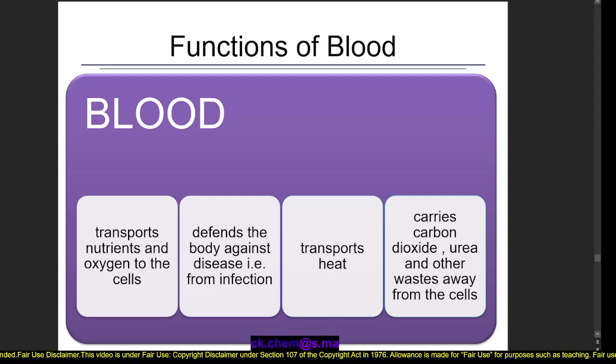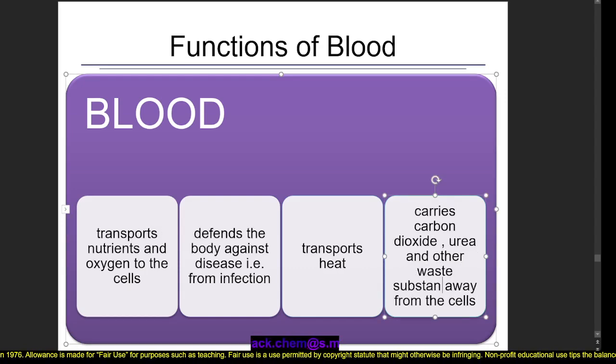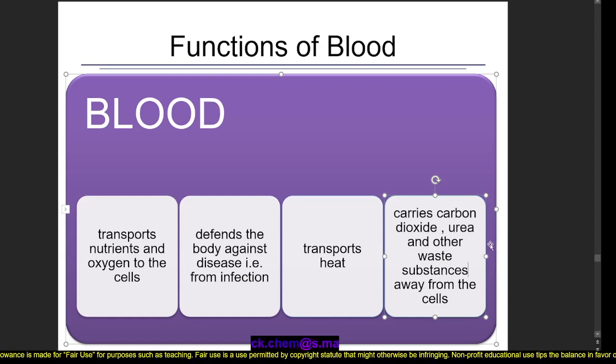And one last major function of blood is that it will carry or transport waste substances such as carbon dioxide and urea away from cells of the body. Right, so just at your level, naming carbon dioxide and urea as two waste substances is acceptable.